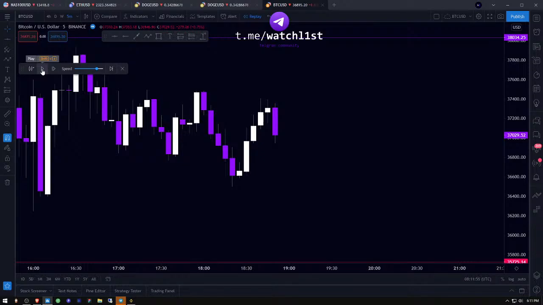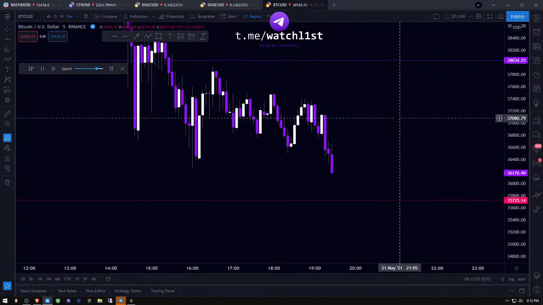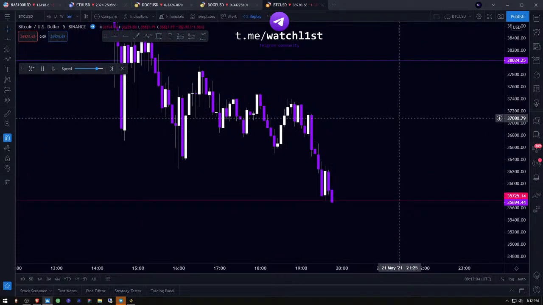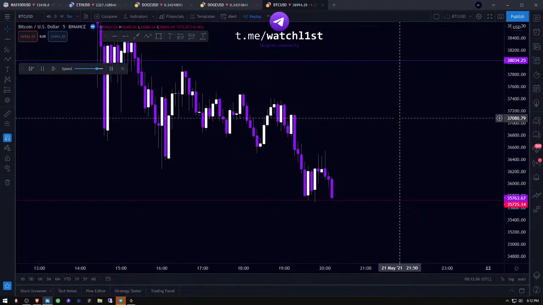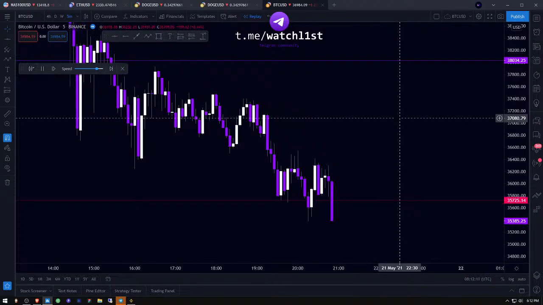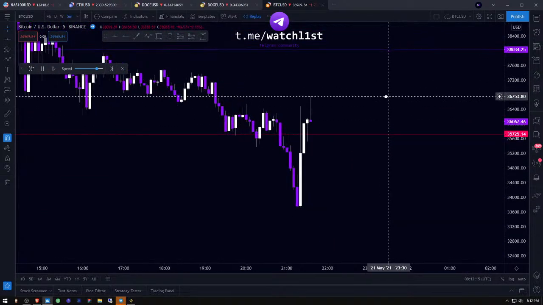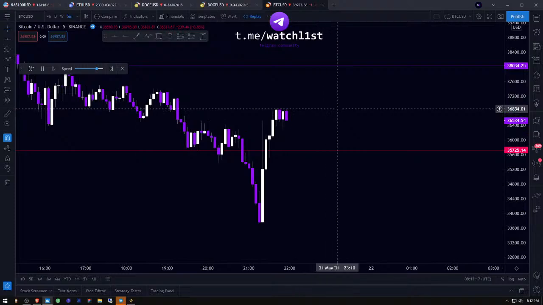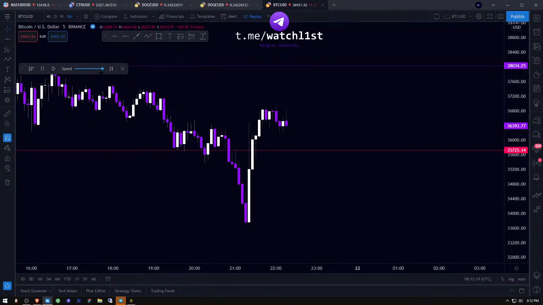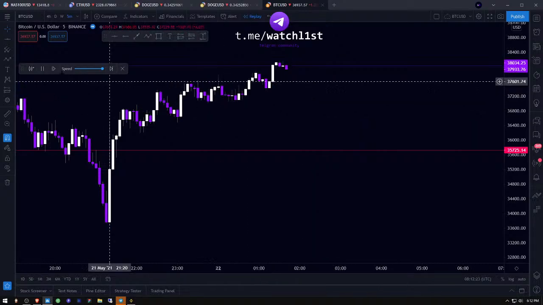Imagine how many people shorted there. That would have been millions. Immediate liquidation. Cascading liquidation. Exactly right. So we'll speed this up now and see how these candles play out.